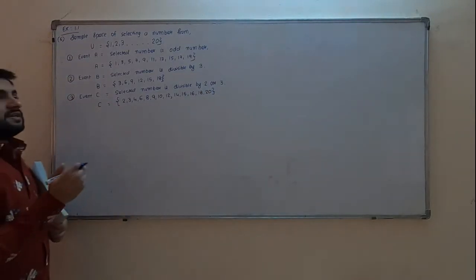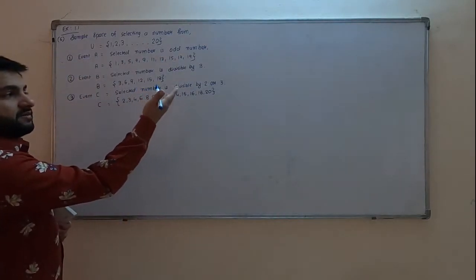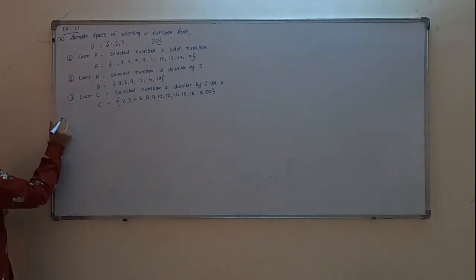So you have to check the possibilities for 2 and for 3. Okay, this sum is over.